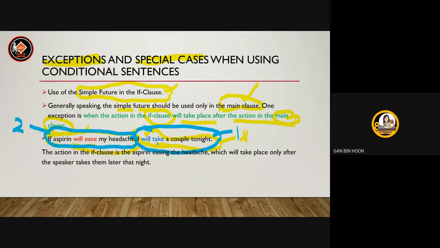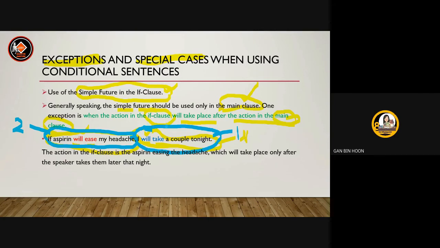So maksud dia, kalau saya makan beberapa pil, sakit kepala saya akan hilang. If aspirin will ease my headache, I will take a couple tonight. Bermaksud malam ni saya makan aspirin, kemudian pening kepala saya akan hilang.